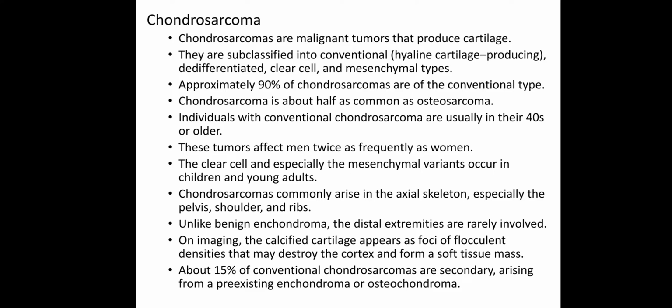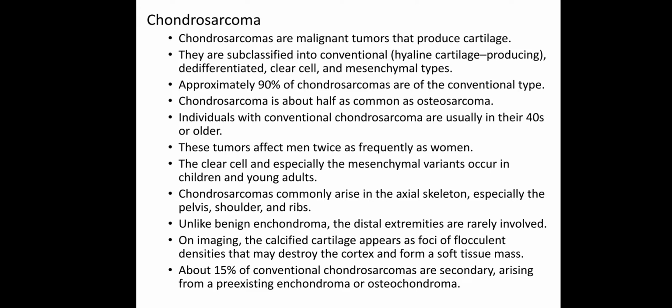Chondrosarcoma about half as common as osteosarcoma، يعني تقريبا نص بنص هم يعني prevalence مالتهم. Individuals with conventional chondrosarcoma are usually in their 40 and older, and these tumors affect men twice as women. The clear cell and especially the mesenchymal variant occur in children and young adults.